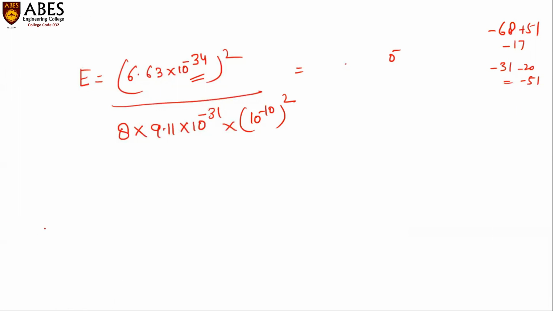When we calculate these values, that comes to 6.03 into 10 to the power minus 18 joule. For the energy, we can also convert this value from joule to electron volt.